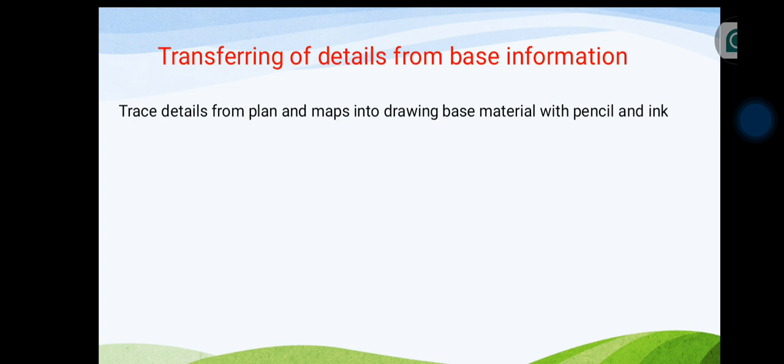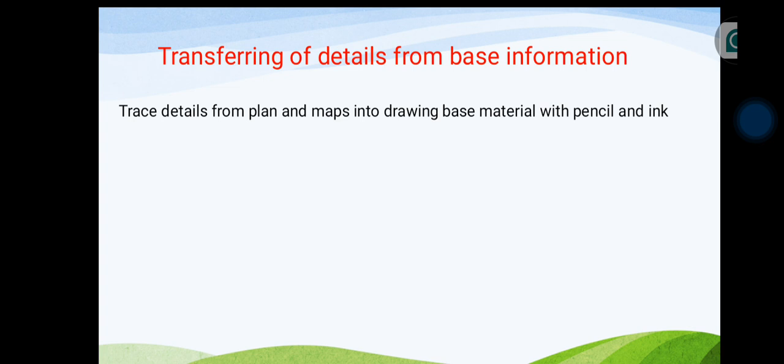You place your tracing paper or polyester on the base map which you have gotten maybe from the administrative office of Oyo East or from the local government. You put another tracing paper or polyester on it, then use your pen and ink, you draw out the roads on the tracing paper or the polyester. In doing that, you have transferred details or information from the base map to a new map.